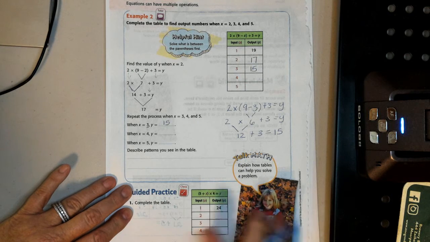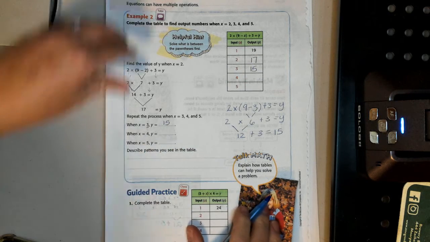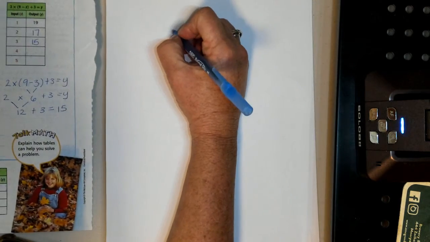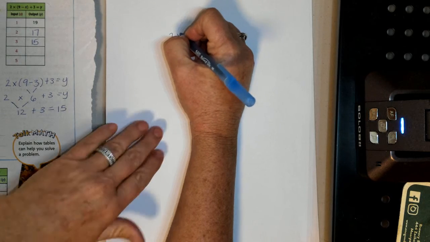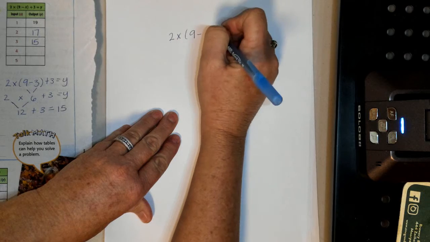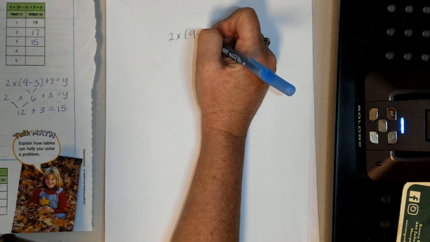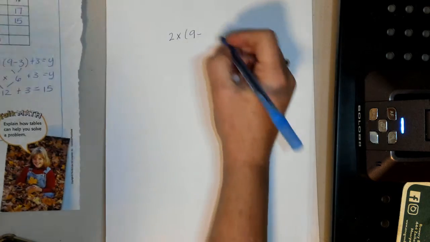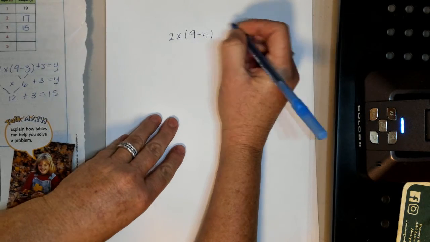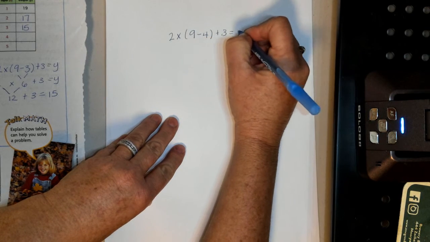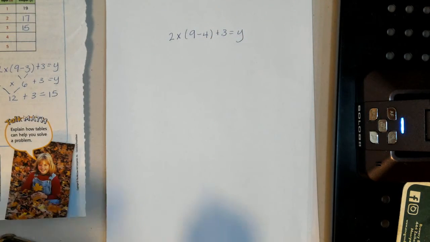I'm also going to do it with the 4. I'm going to do it on my scratch paper here because I don't want to confuse you. It's still 2 times 9 minus, there's an x here, and they want us to do x equals 4. So I'm going to input the 4 right here. Plus 3 equals y. What are we going to do first?